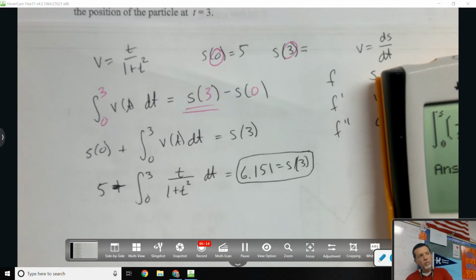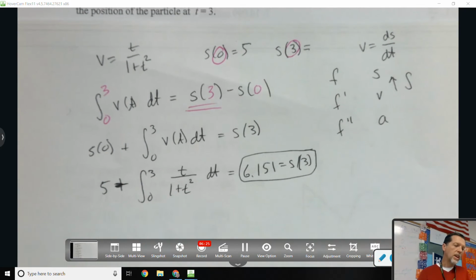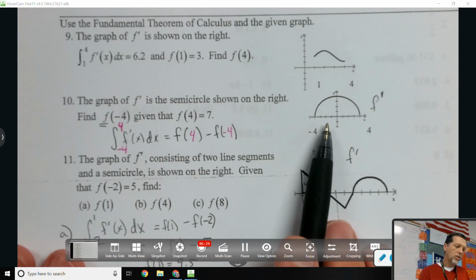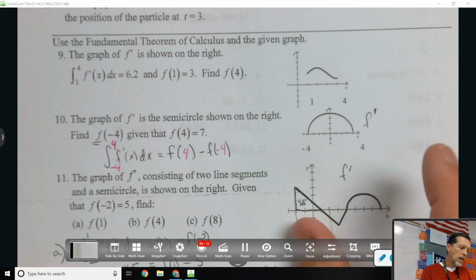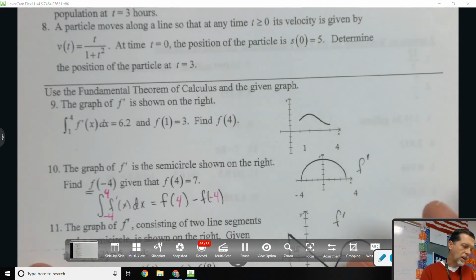So if they give you a derivative, they give you a rate, and you want the underivative, well then use an antiderivative. And sometimes that means use the calculator if it's ugly. Sometimes it means use a picture if they give you a picture with area. And sometimes it means doing it by hand if you don't have a calculator.